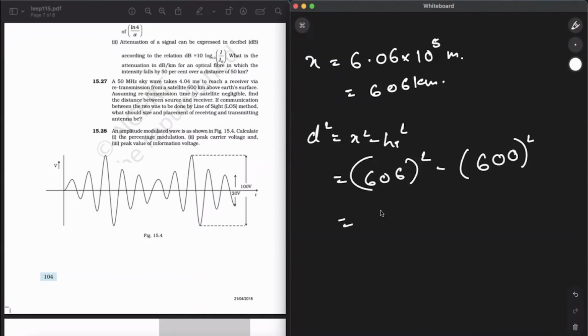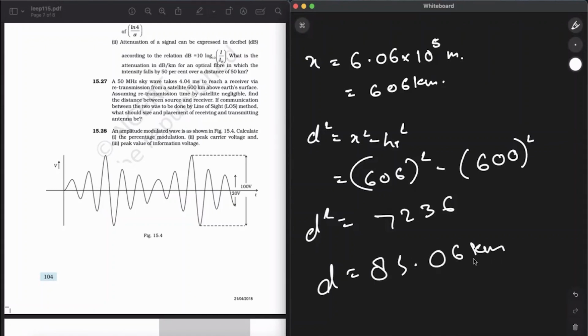That will be 606 square minus 600 square, 7236. 7236 will be d square. Now d will be under root of 7236, which is 85.06. So this is the distance that it will travel.